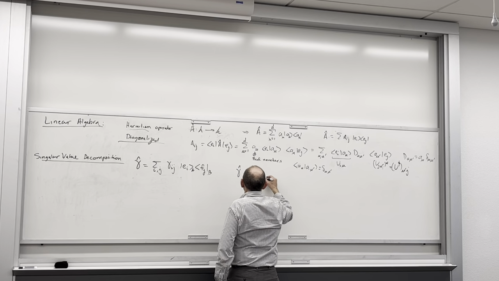So it's not really an eigenvector in the same way that we had for a Hermitian operator, but it's a bi-orthogonal set.